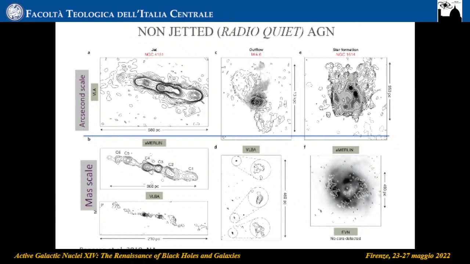And depending on your resolution in the radio, you can even resolve such emission and detect knots of these low power jets, or the shock regions of the outflow, or resolve better your star formation ring. So this is to show you that they're not boring at all.